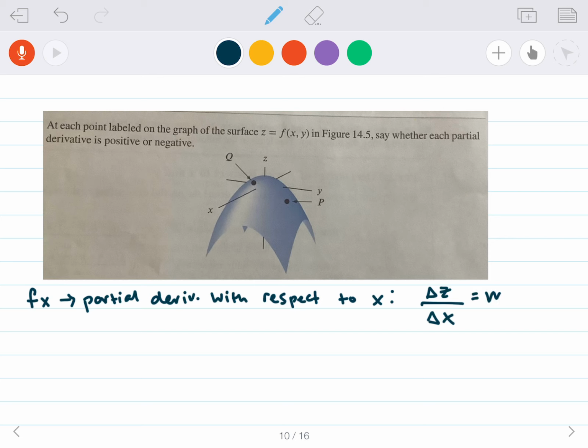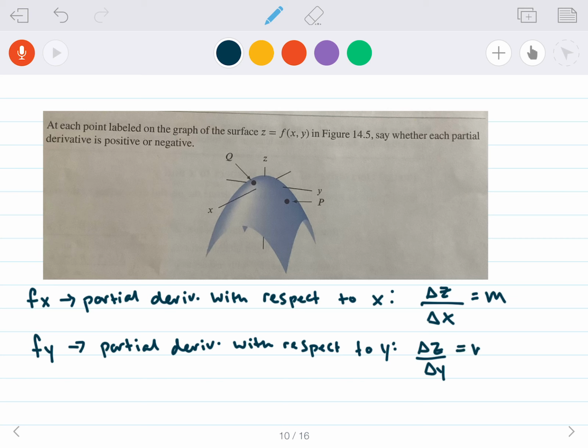This is our slope, but we're considering z to act like our dependent variable here and x as our independent variable. So for f sub y, this is the partial derivative with respect to y. And we can think of this as the change in z over the change in y. So this is the slope in the y direction. And, maybe if you want to add a little subscript to help you remember, that would work too.